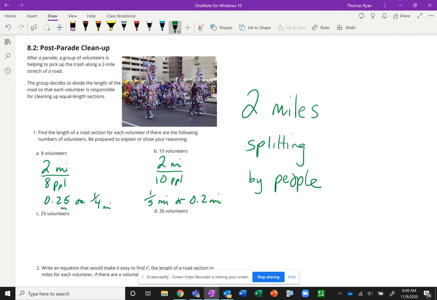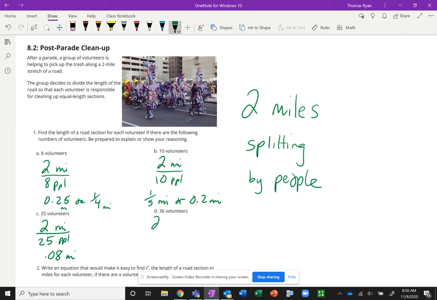Now we should be thinking in our heads, well, what if we have 25 people? What if we have more people? The amount that we have to cover should get smaller, because the parade route is still only 2 miles. So 2 divided by 25 people gives us 0.08 miles that everyone is responsible for.